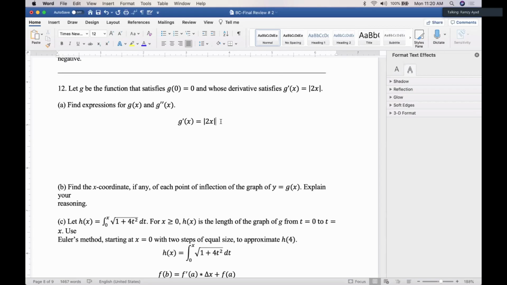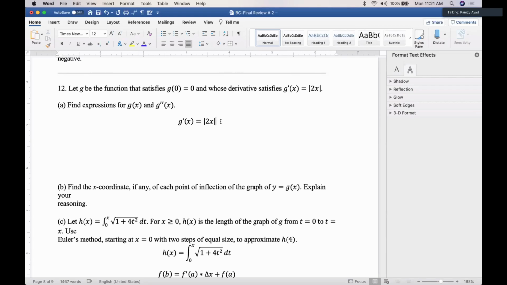Piecewise function. First of all, let's learn something simple about absolute value. If I say absolute value of 5, what's my answer? 5. What that means is, if you put a positive number in the absolute value, it stays the same. Make sense?